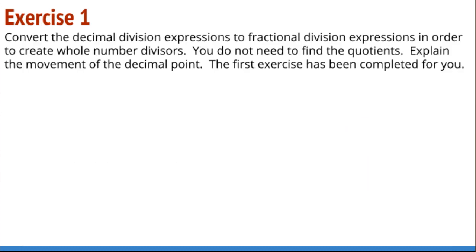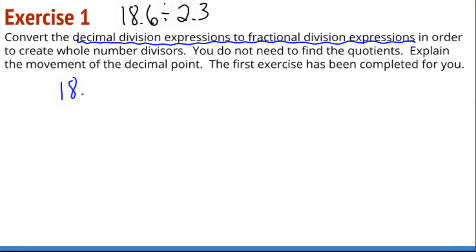All right, so looking at exercise 1. In exercise 1, we'll have 18 and 6/10 divided by 2 and 3/10. And we have a set of instructions that we need to follow. I need to convert the decimal division expression to a fractional division expression.